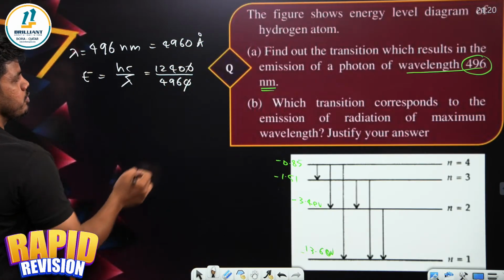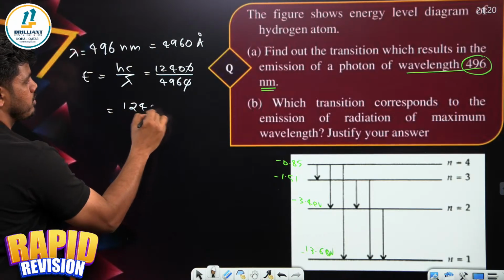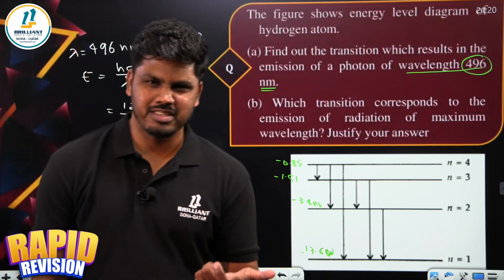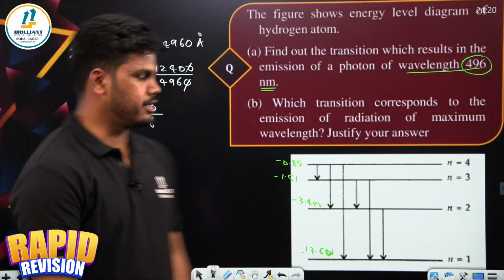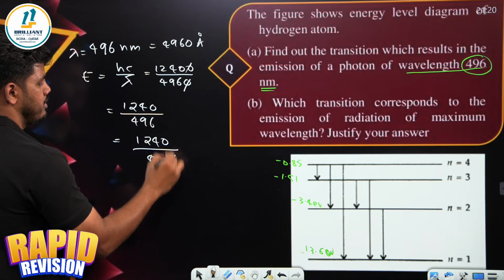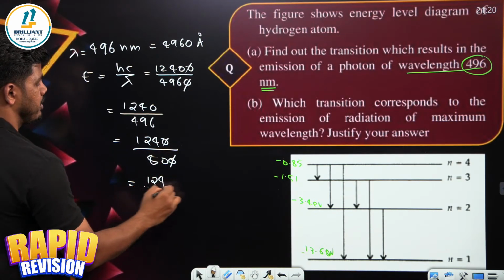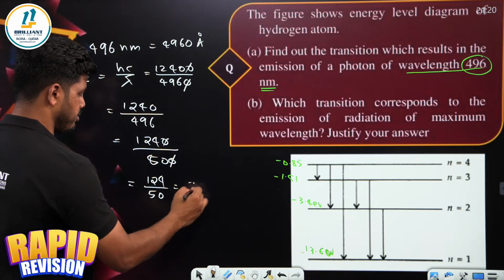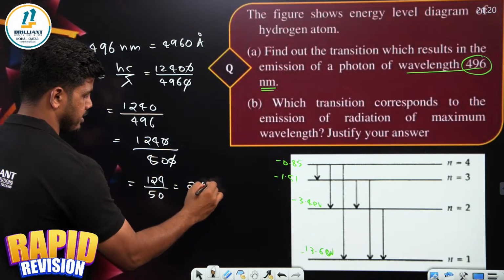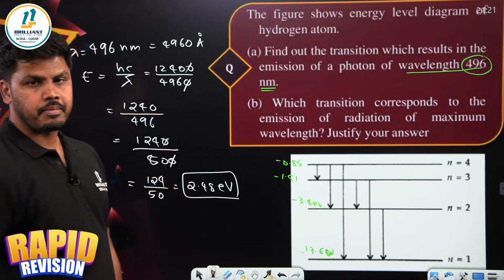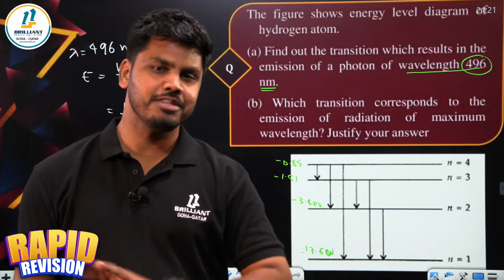You can cancel these two. We get 1240 divided by 496. If you approximate 496 to 500, it doesn't make much difference. You will easily simplify that, divided by 500. See, 124 divided by 50 is going to be 2.48, right? So 2.48 electron volt energy is released.